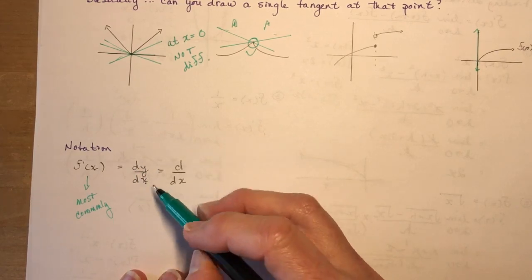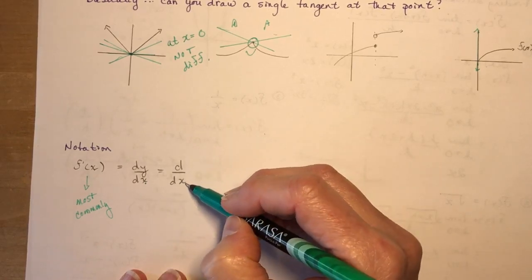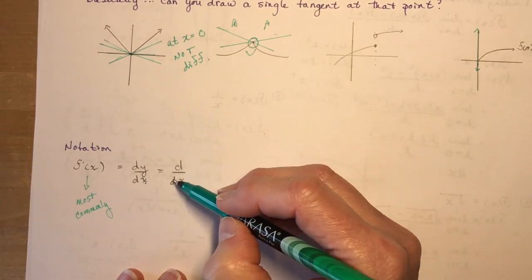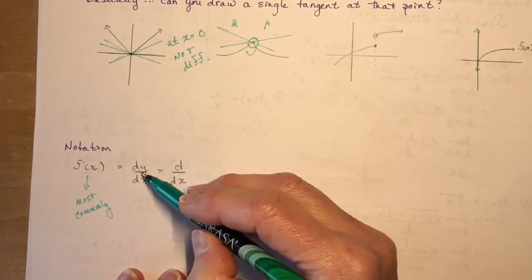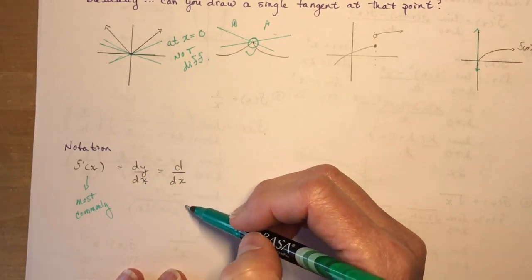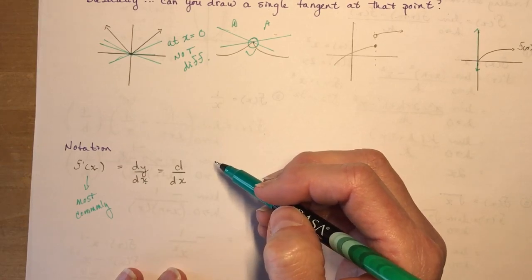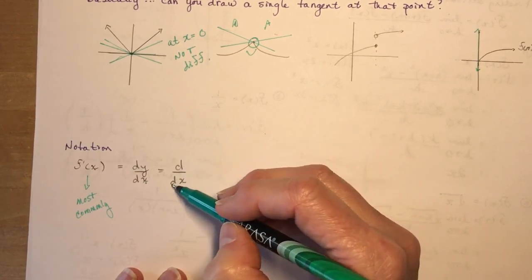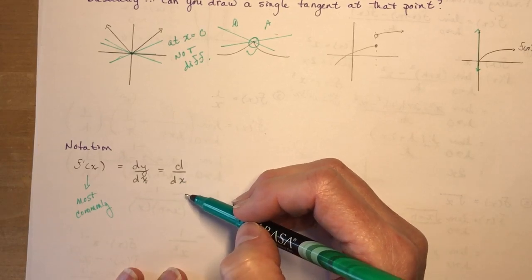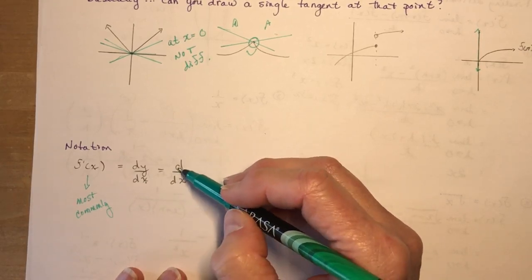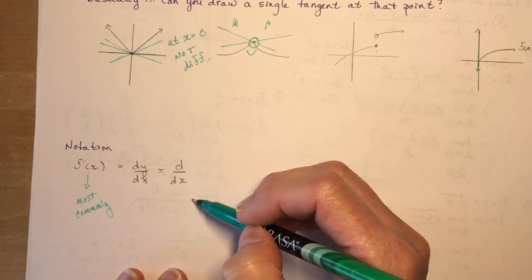Or d dx, which also means the derivative with respect to x. Now, of course, if you had different variables, you'd change them here. So let's say I had an equation that was s squared, so d ds. Or that would be for a position function, right? Or d dt or d dv, or could be all sorts of different letters.